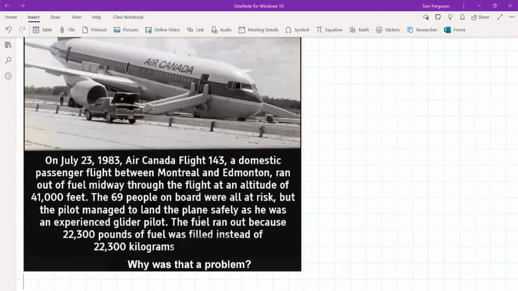1983 in Canada, and again, Canada uses the metric system, the SI metric system. This plane crashed, and the reason why it crashed is it ran out of fuel.